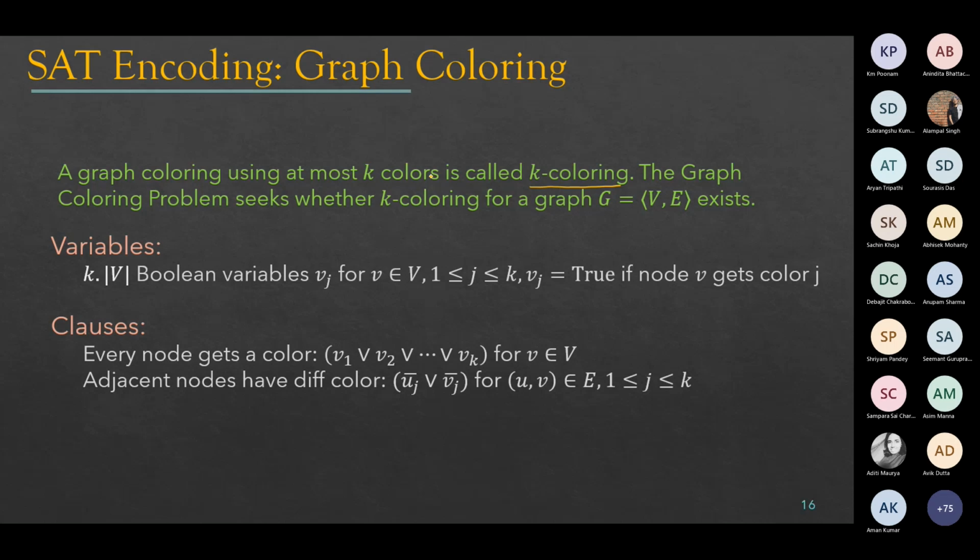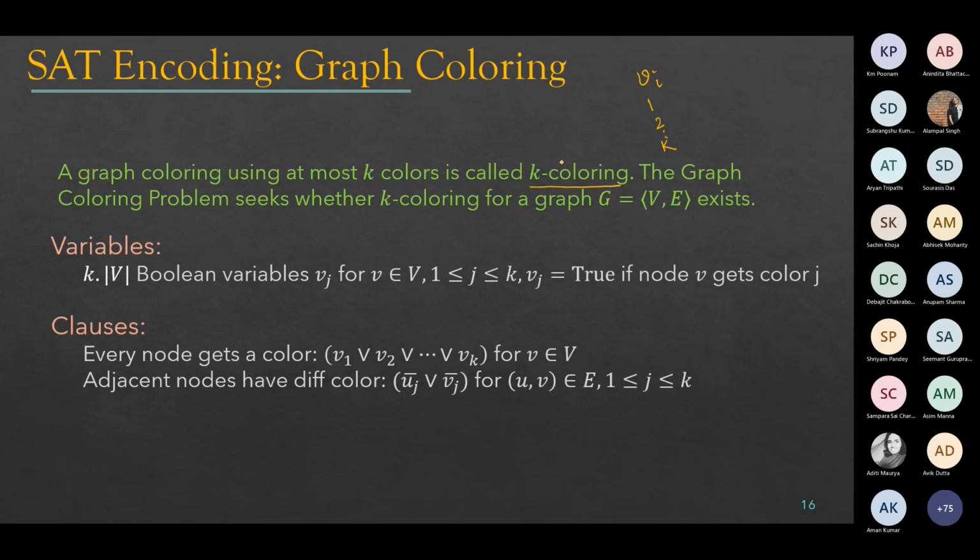And of course, the variables should be Boolean variables, right? So what we can do, for each node Vi, what are the color options? We can have color options, say 1, 2 to K, if we have K colors, right? Now what we can do, we can paint this node using one of these colors, right?